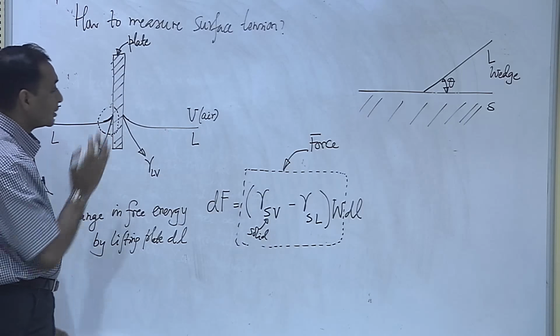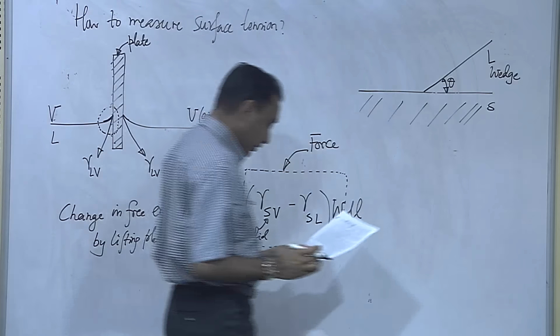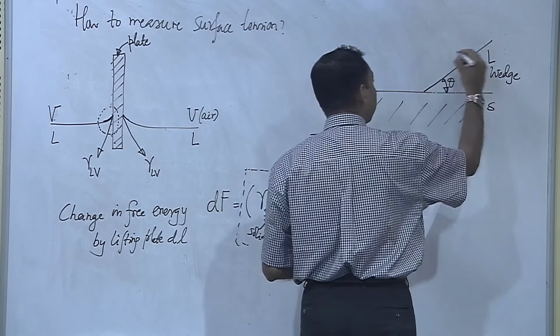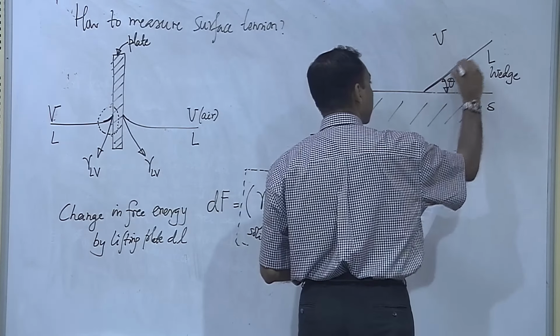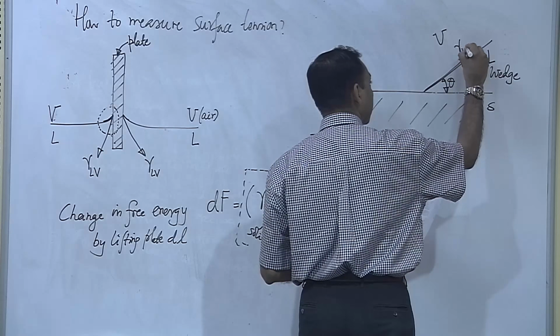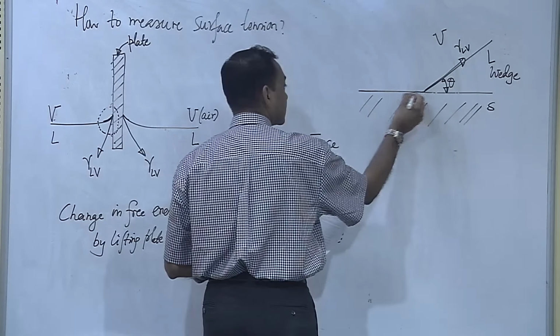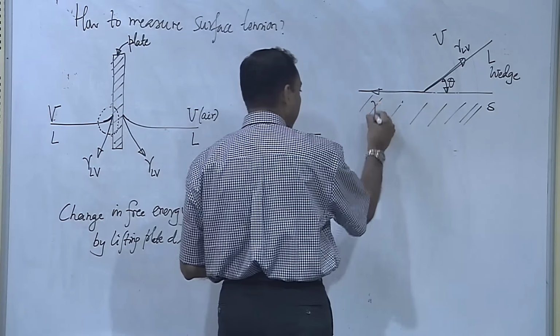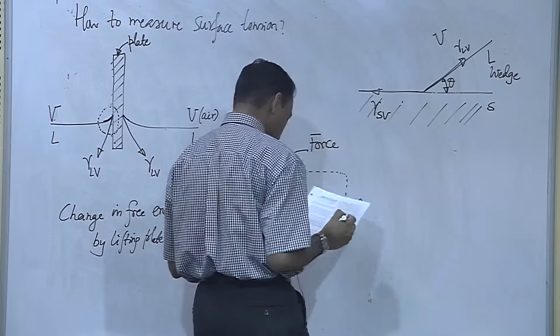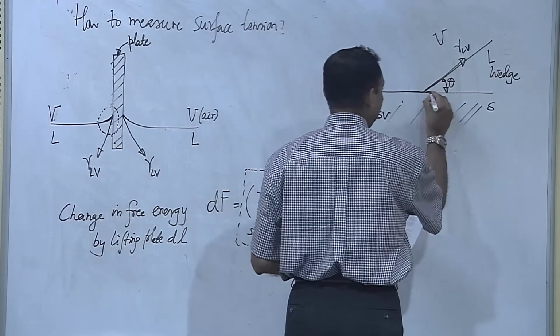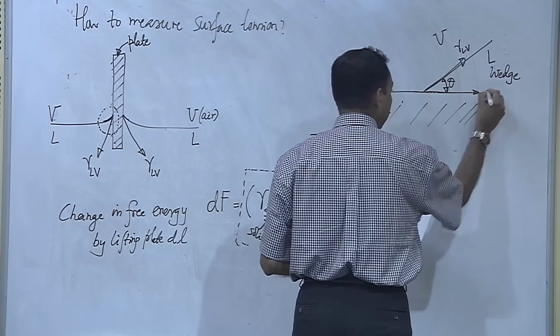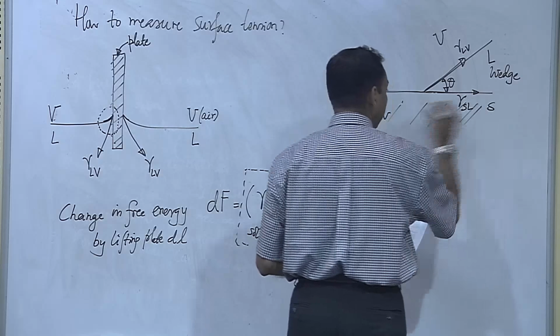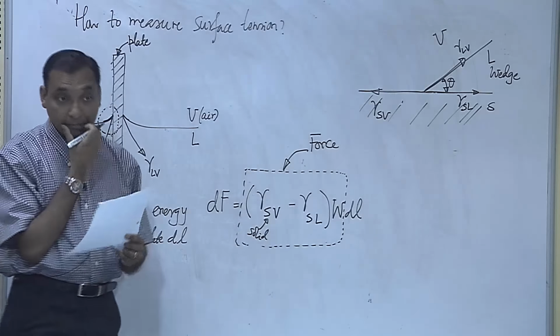So along the liquid vapor interface, I have the gamma LV. Along this solid vapor interface, I have the gamma SV, and along here I have the gamma solid liquid. Correct?